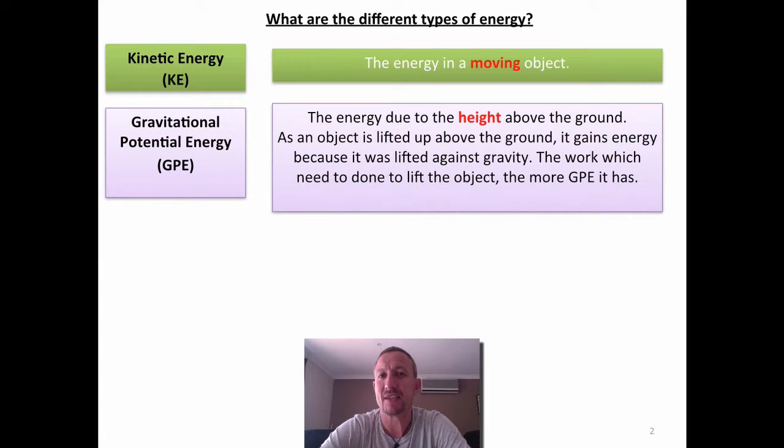If we look at the next one, which is gravitational potential energy, or GPE, this is the energy which is generated when you lift an object above the ground. Now, potential energy basically says that it's stored, it's there, it could happen. So if you stand on a chair, you have the potential to fall off.